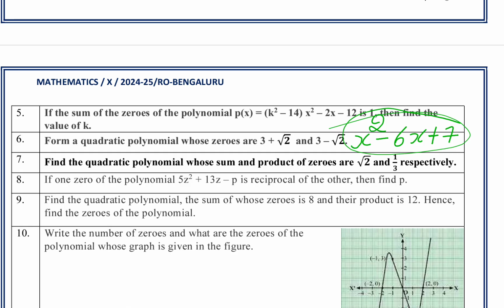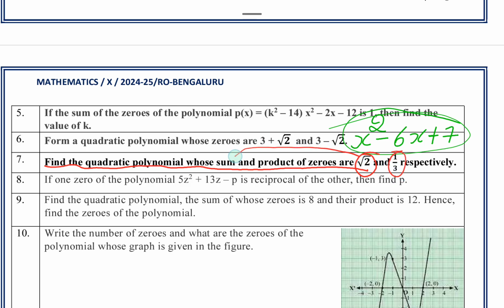Then come to the seventh. Find the quadratic polynomial whose sum and product of the zeros are minus root 2 and 1 by 3 respectively.